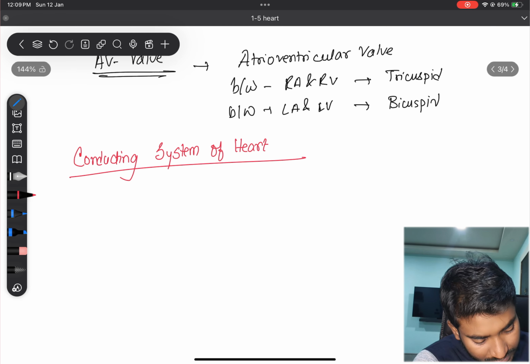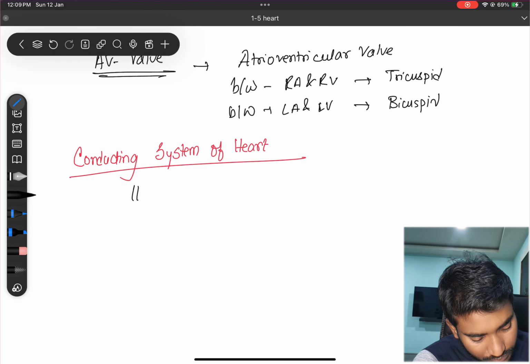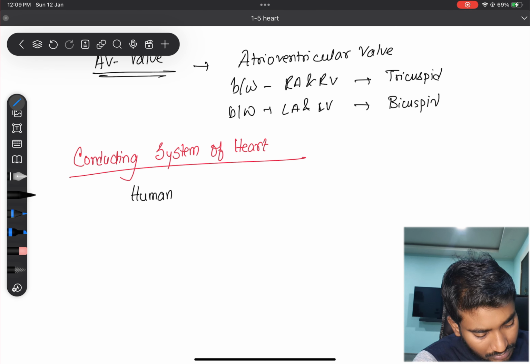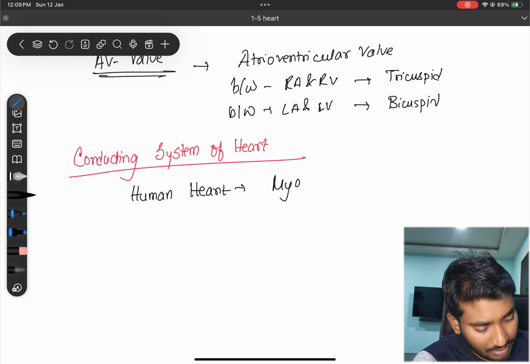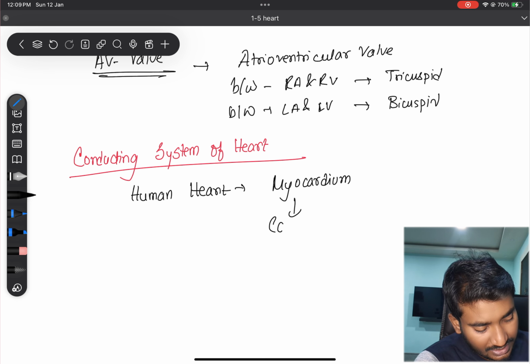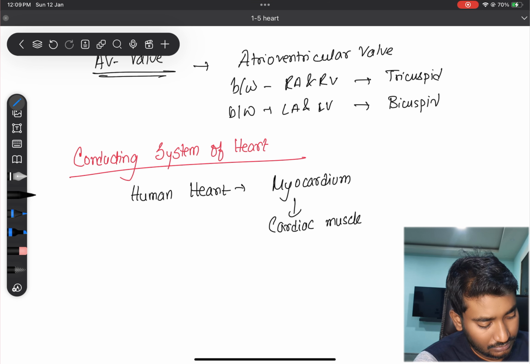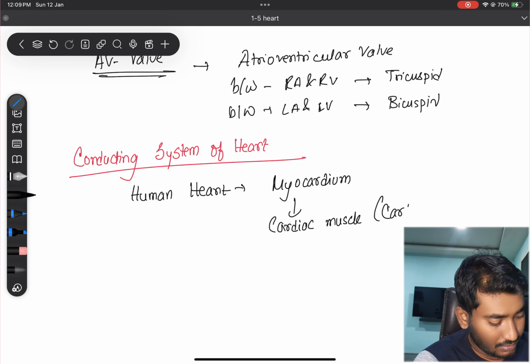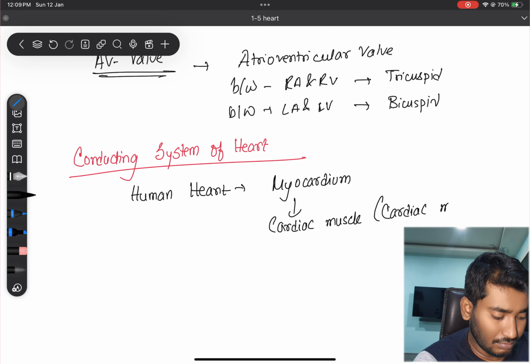The human heart is made up of myocardium muscle. Okay, that is the cardiac muscle, cardiac muscle fiber.